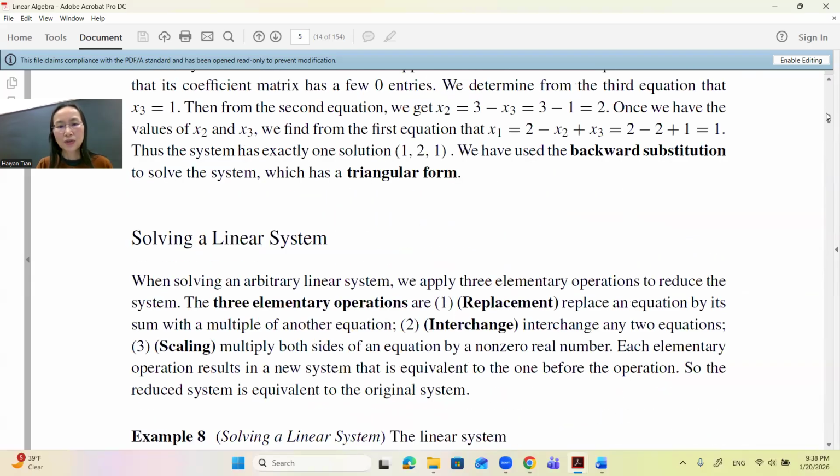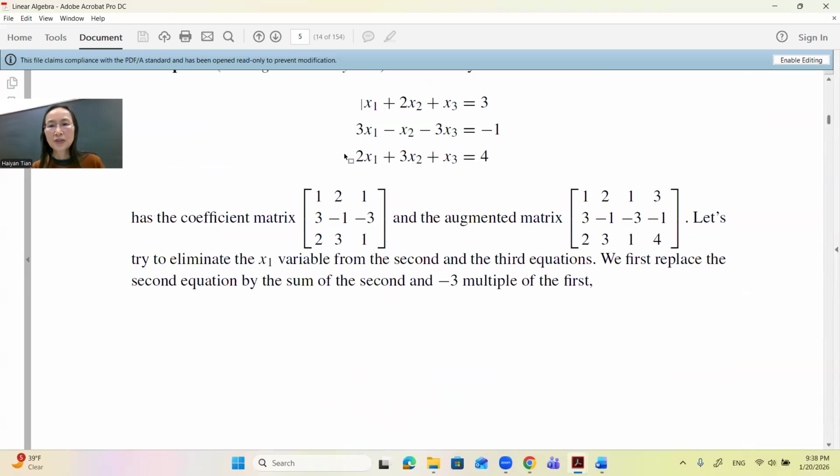Just one quick remark. In the very first step, when we wanted to eliminate x1, we kept the first equation but wanted to get a new second equation. What did we do?